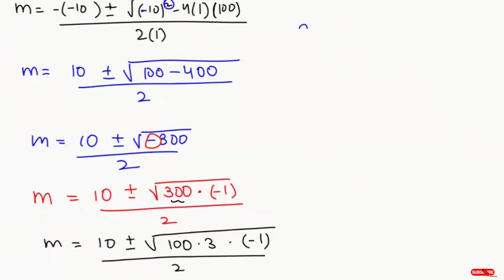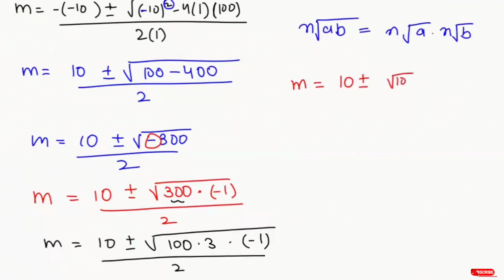Now in the next step, I am going to apply the radical property, that is nth root of a times b can be written as nth root of a times nth root of b. So this can be written as m equals 10 plus minus root of 100 times root of 3 times root of negative 1 over 2.